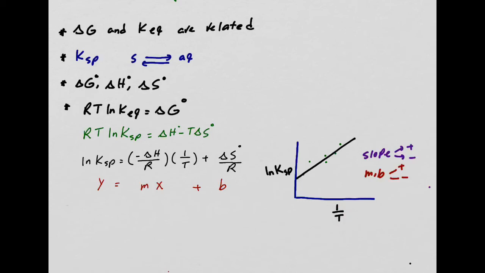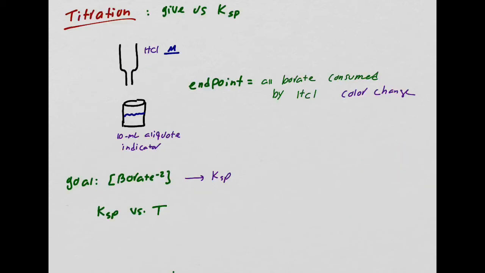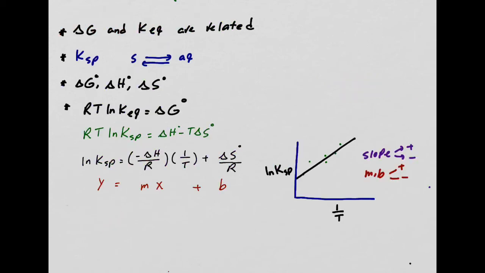That's pretty cool. So again, I'm going to do this experiment at different temperatures, so we're going to get KSP at different temperatures. Now if I have that information, I can plot ln of KSP over 1 over T. If I do that, what kind of information can I get out of it? I can get delta H and delta S from that graph.